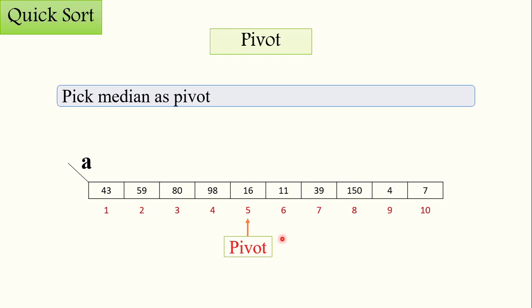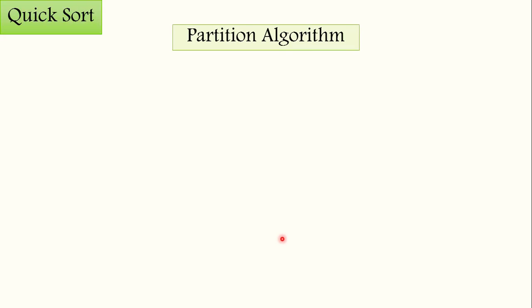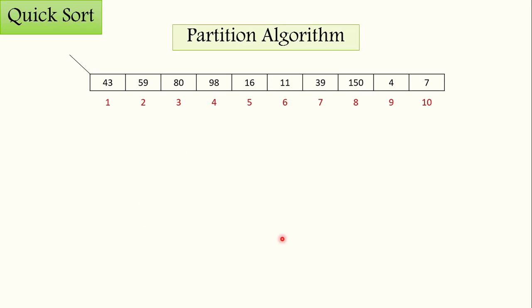So let us discuss how to process. The partition algorithm is very important for quicksort. The partition algorithm is like the divide step, means dividing the big problem into subproblems. Here I'm going to consider the first element as pivot, denoted by x.